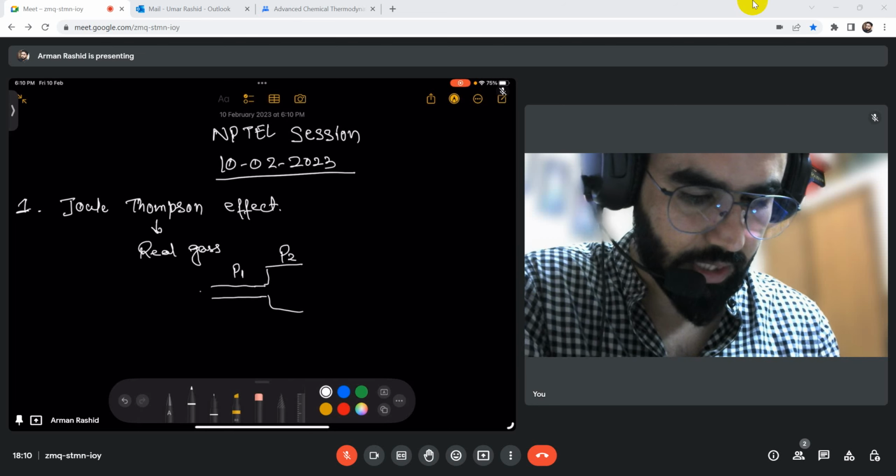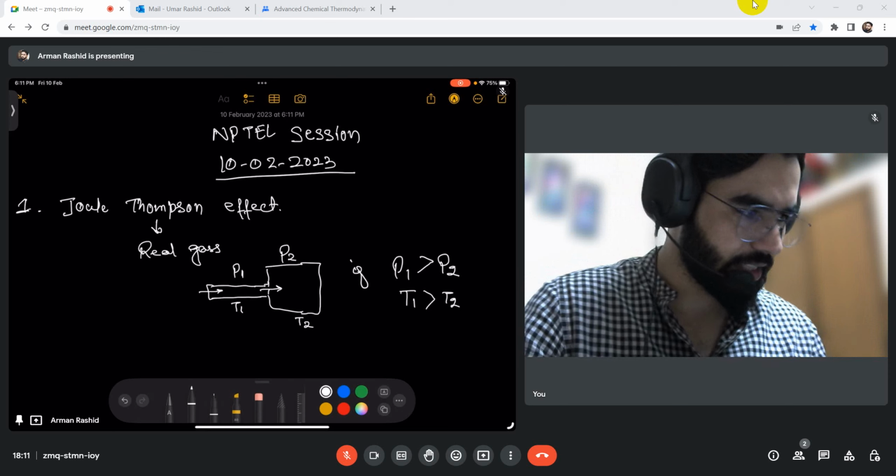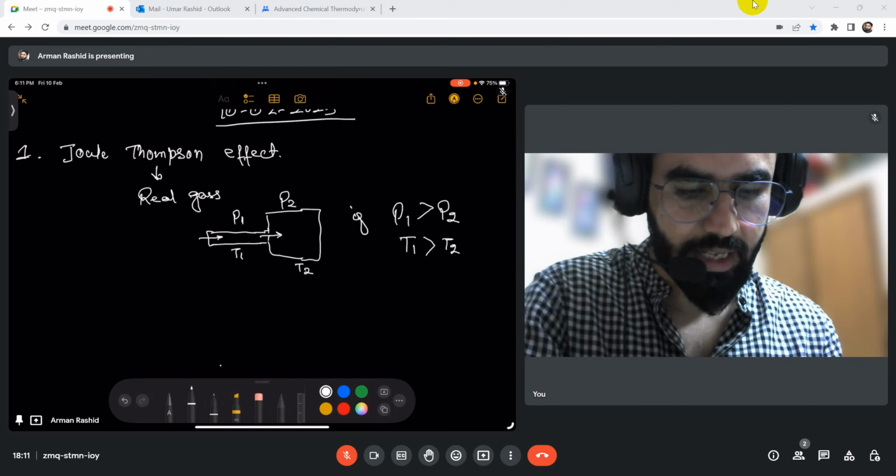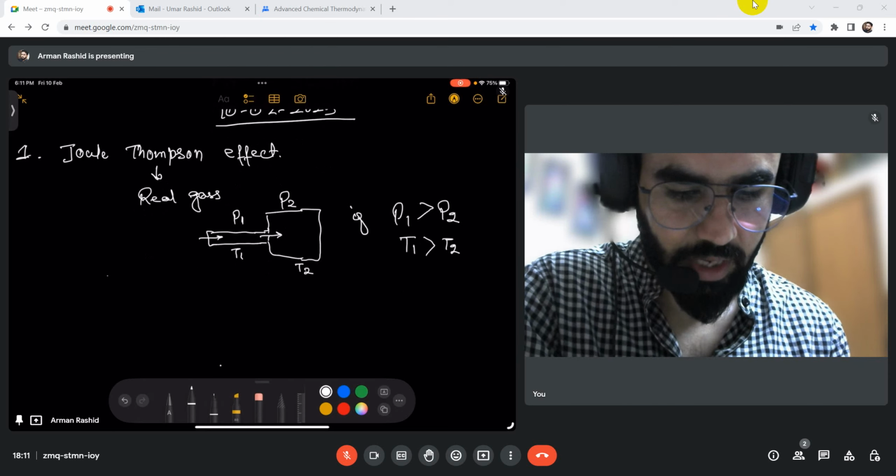Now this is a property of real gases only. Why this happens is that if we have a gas under high pressure, there will be intermolecular interactions between the gas particles at P1.